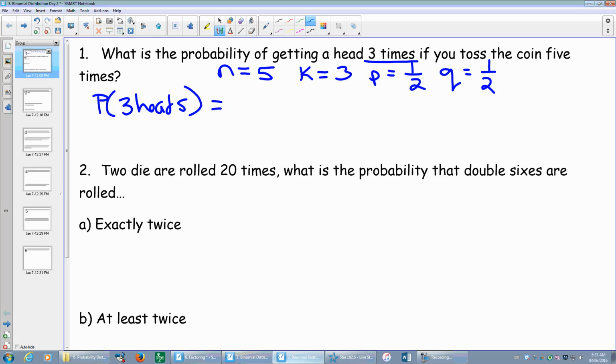So when I plug this in, based on yesterday's formula, Ben, can you tell me what I would write? 5 choose 3, 1/2, 3.